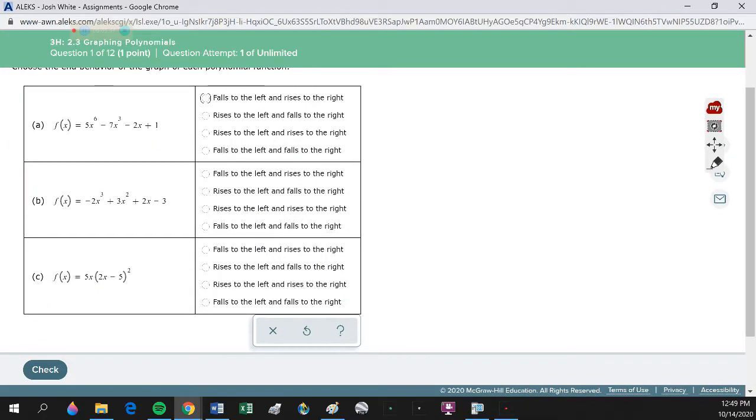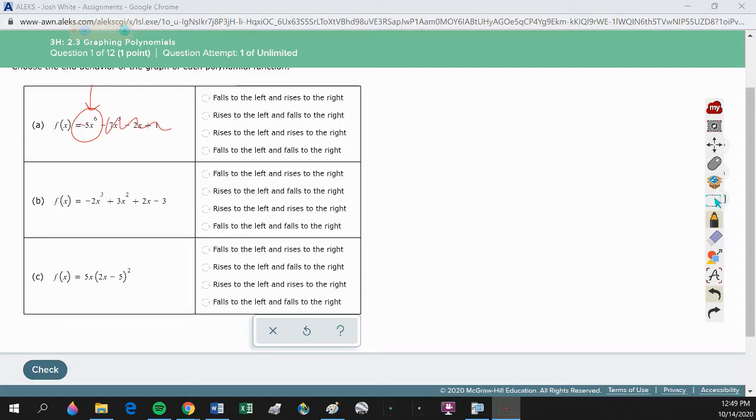okay, here we have several equations, and all we care about for this problem is this. The rest of it does affect the graph, but the basic shape is determined by the leading term. So, what is it about this that creates the shape of the polynomial? It's positive, right?